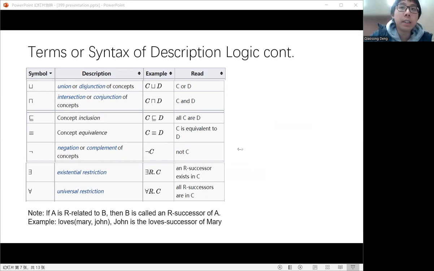If A is R-related to B, then B is called an R-successor of A. The R in this place means the role we mentioned before. For example, in "John loves Mary", John is the loves-successor of Mary.